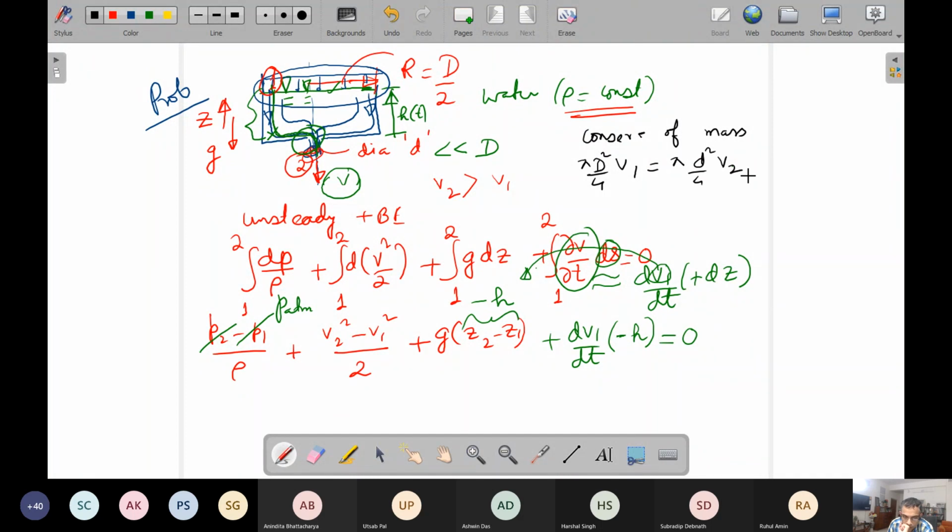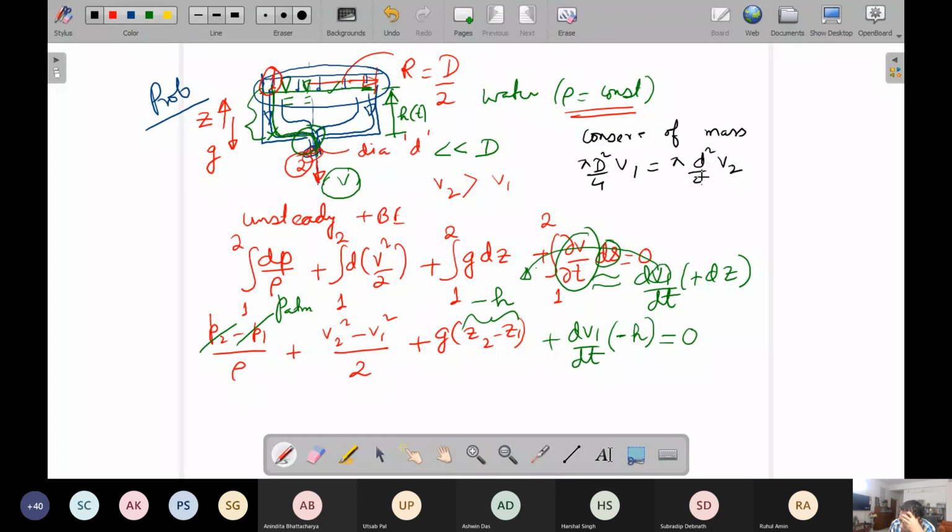So I'm not putting in anything at this stage saying that small d is much less than capital D. Let us keep it as it is and see how it evolves as a part of the solution, rather than putting it here. Putting it here is a very illegitimate way of looking at this, because if you neglect small d, put it 0, you cannot use this equation.